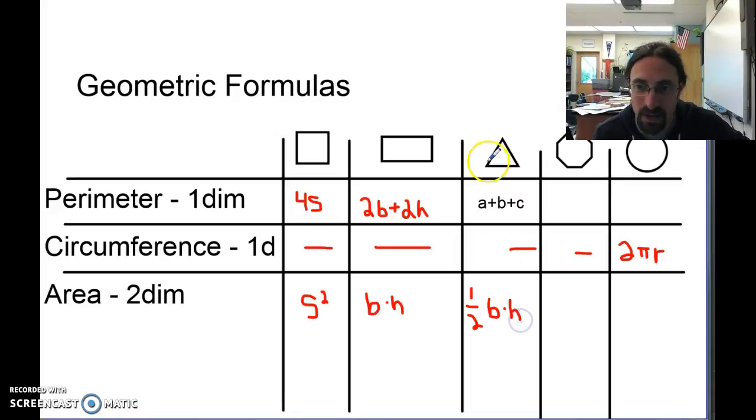And really, any one side could be the base. So if you have a triangle that looks like, let me pull up a different triangle here. Let me do some obtuse triangle. If I have a triangle that looks like this, any one of these sides could be the base. But if I'm going to say this side is the base here, then that means my height has to be perpendicular to the base. Okay, so 1/2 base times height.